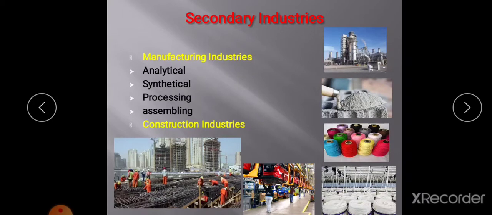So both the products of extractive industries, meaning primary industries, and manufacturing industries, which is secondary industries, are being used for the construction of roads, bridges, dams, flyovers, etc. So this is the main purpose of construction industries.